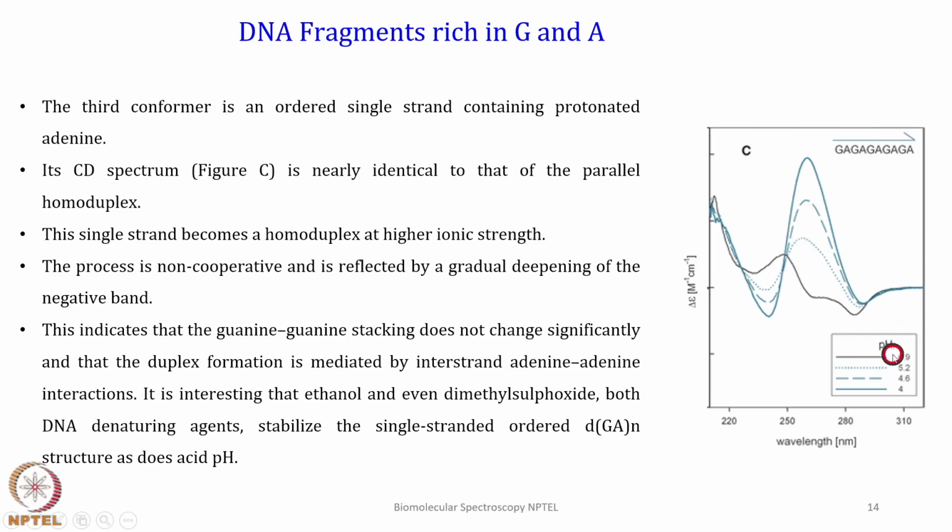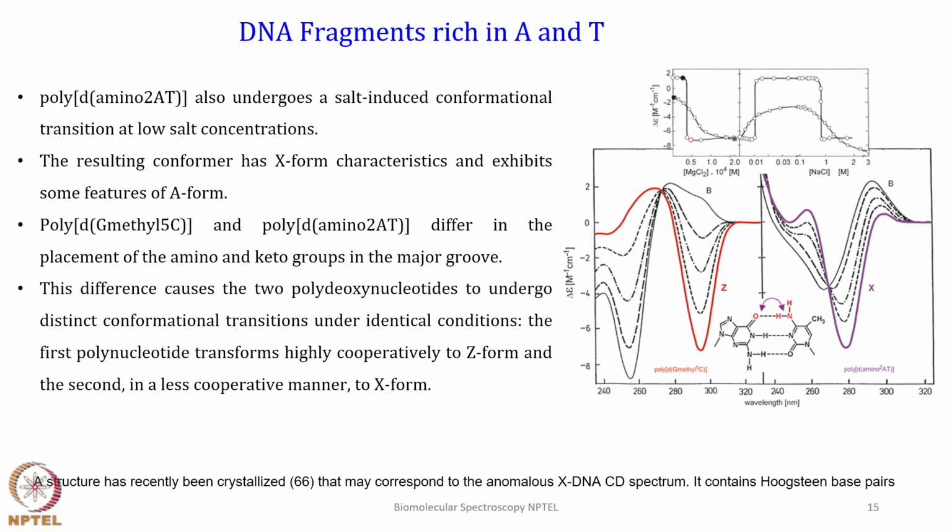If you lower the pH from the neutral 6.9, the conformation changes, right. This indicates that guanine stacking does not change significantly in duplex formation, and with pH the conformation changes as we go from neutral to lower pH.